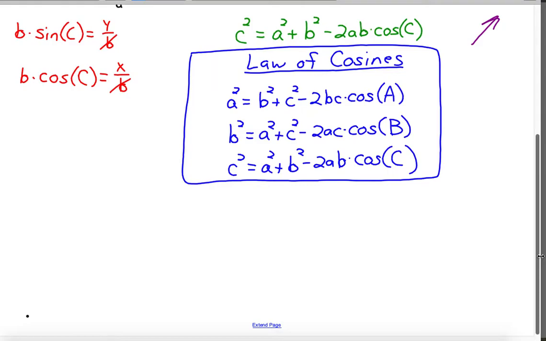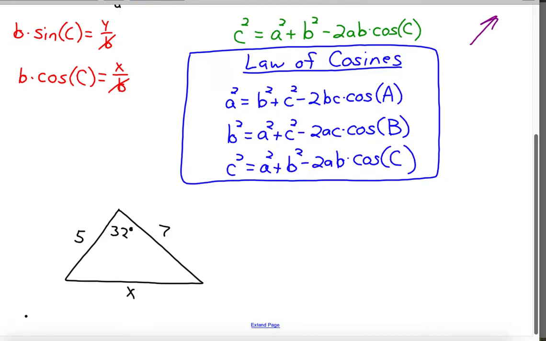Let me go down and point out one more thing. If I had, for example, let's say this was 32 degrees here, and this was 5, and this was 7, and we wanted to find that side there. We can call them whatever we want. We could label it as A and B and C and angle ABC. But just understanding the relationship, I'll grab my arrow, making sure that the side that's by itself and then the angle across from that side goes here, that's what we're going to use in this case.